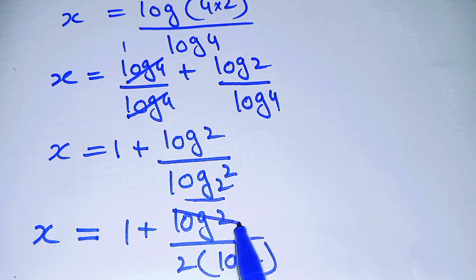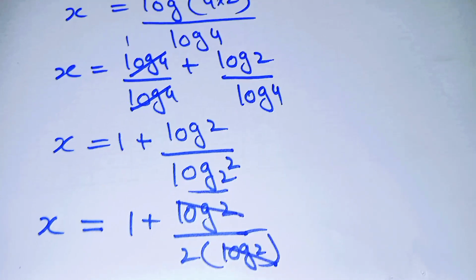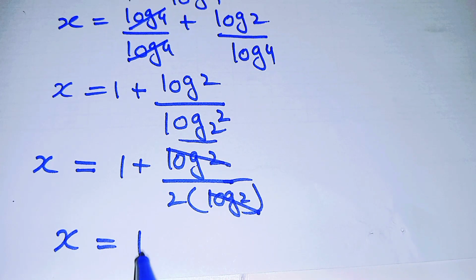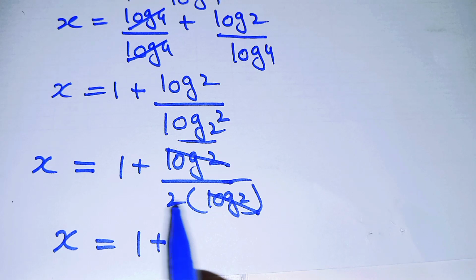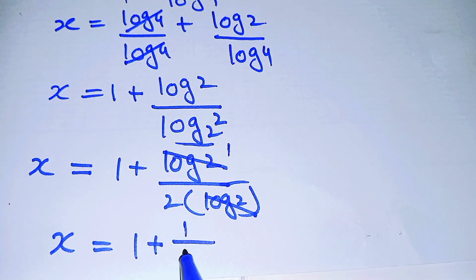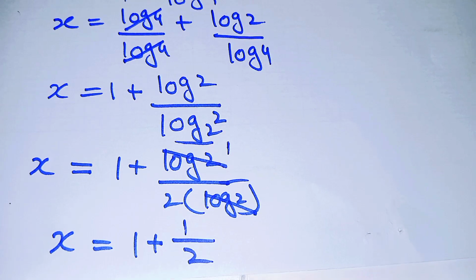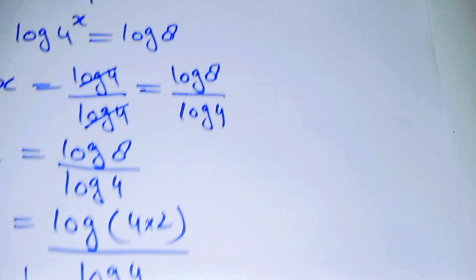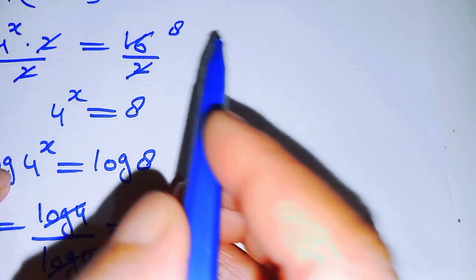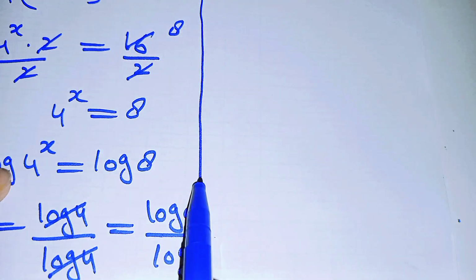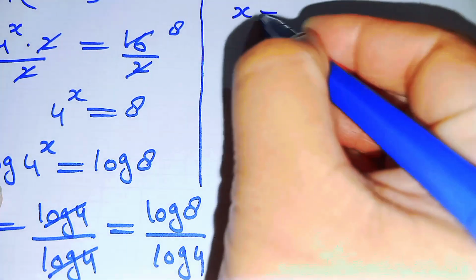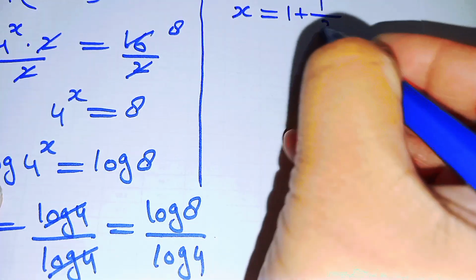The log 2 cancels out with the log 2, and what remains is x is equal to 1 plus 1 over 2.